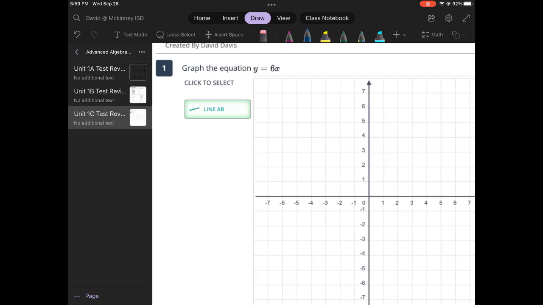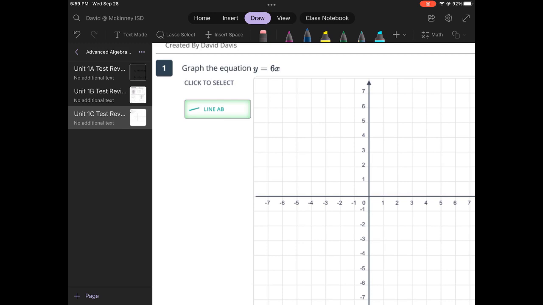My first question asks me to graph the equation y is equal to 6x. Now, this equation is in slope-intercept form, but it does seem to be missing something, and that can throw students off.